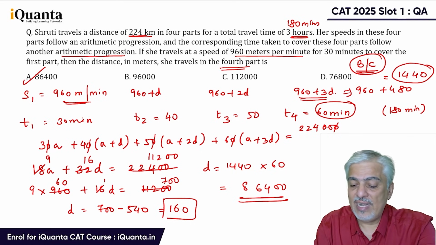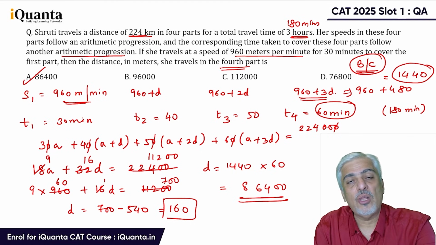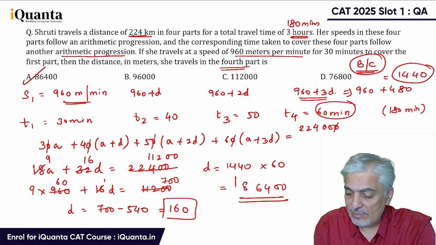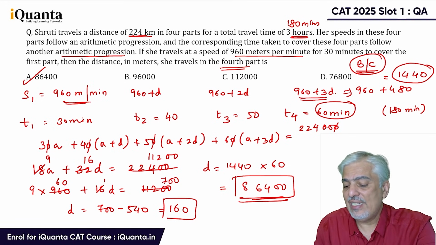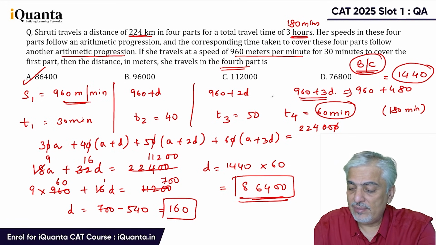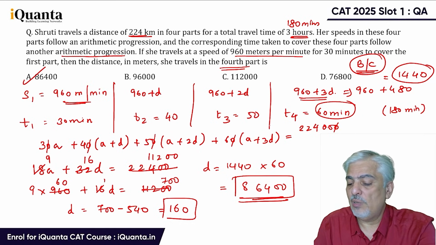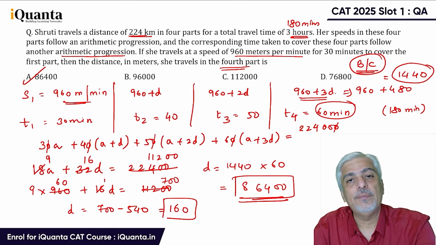So, 86400, that means if you converted, you would have got 86.4 kilometers, or 8.64 kilometers, sorry, and so on. So my point is, it's better to do it the same way as it is. Calculations don't look that bad. These are the 4 parts. Each part we did, and we concentrate more on the last part.